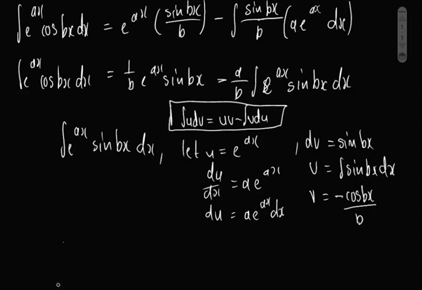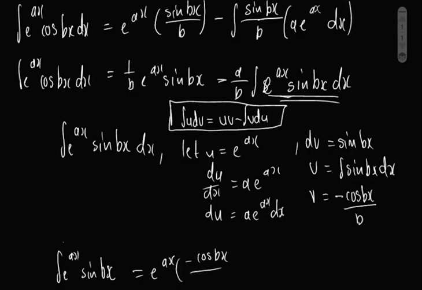Now the integral of e to the ax sine bx, here I'm just solving for this term, it's not actually what I'm looking for, is equal to uv: u is e to the ax times v, which is negative cos bx over b, and then minus the integral of v du, which is negative cos bx over b times a e to the ax dx.